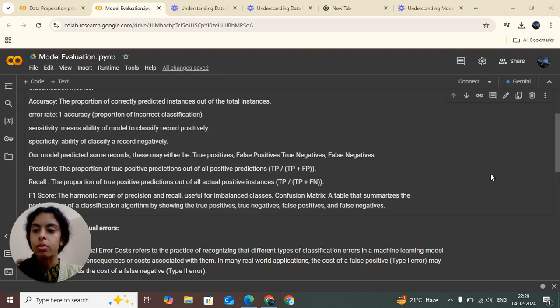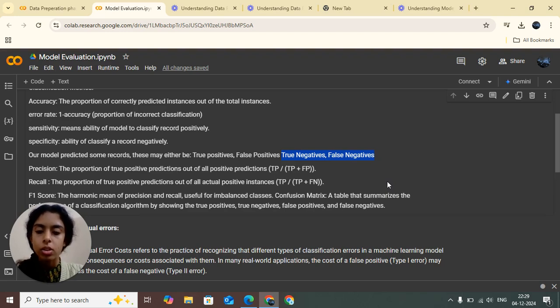For example, we have a model that is going to predict some kind of responses, and these responses may be true positives, false positives, true negatives, or false negatives. That means there are positive values and negative values present in our data set.